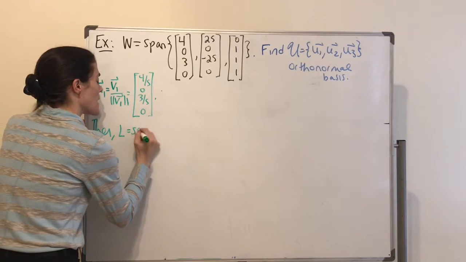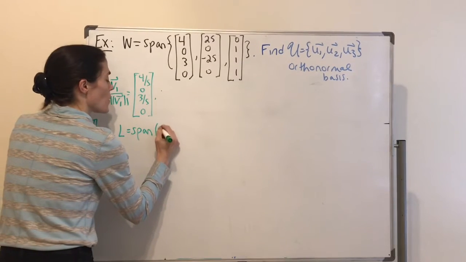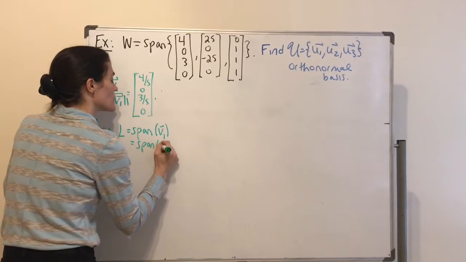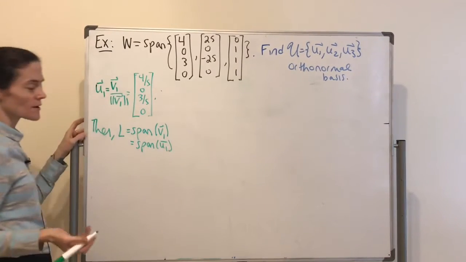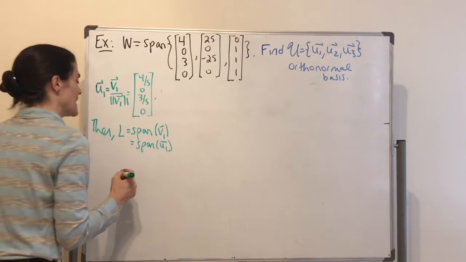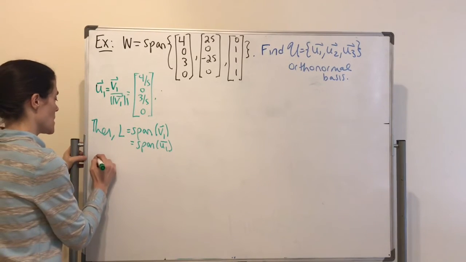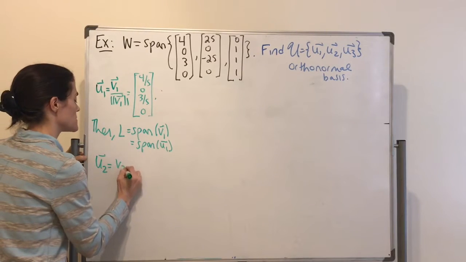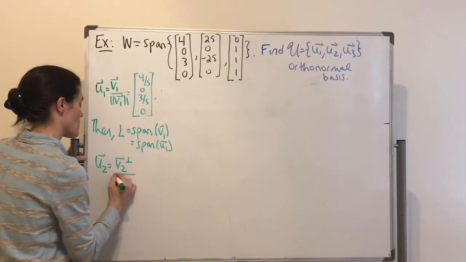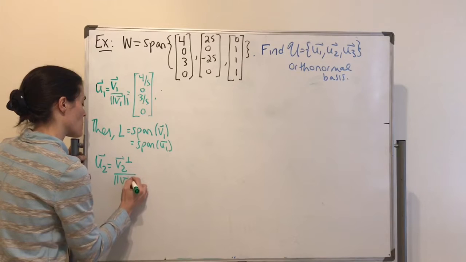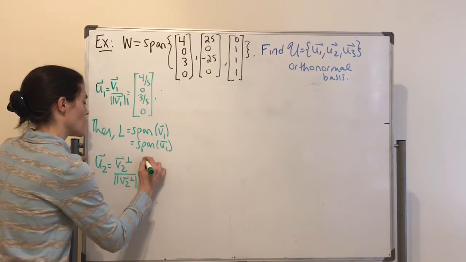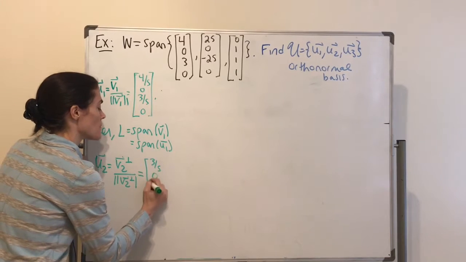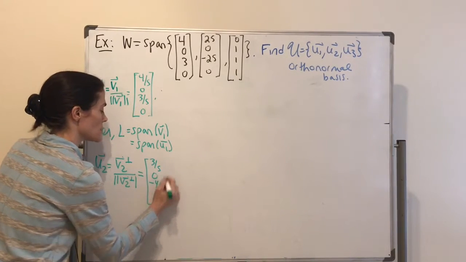L is the span of v1, or equivalently, I can write it as the span of u1 because they're multiples of each other. And then I take u2 to be this, which was (3/5, 0, -4/5, 0).